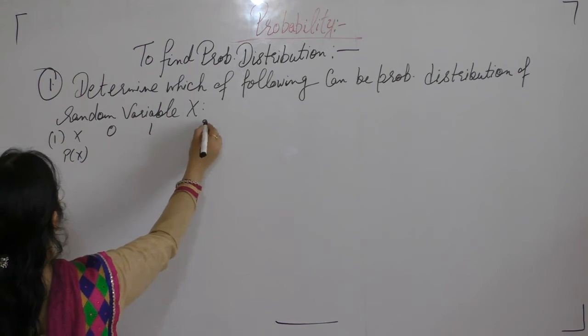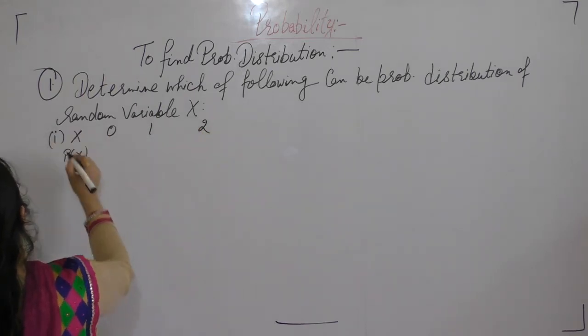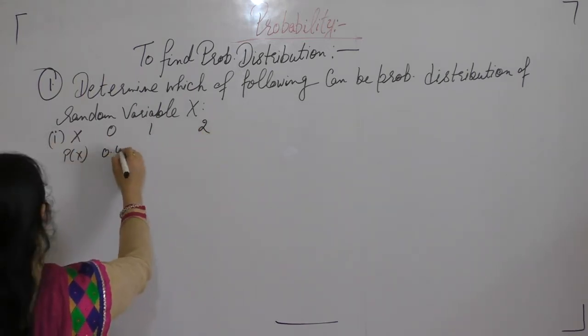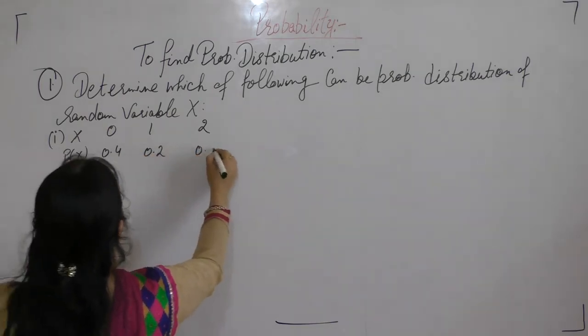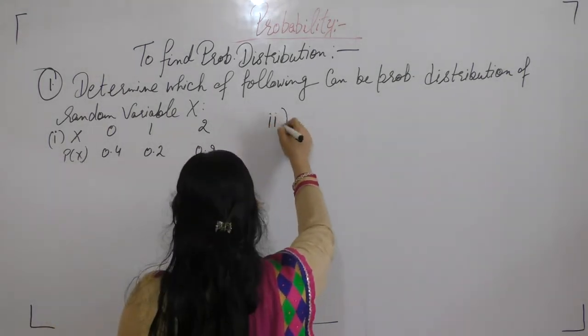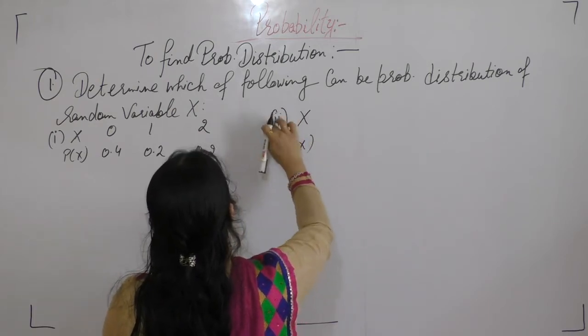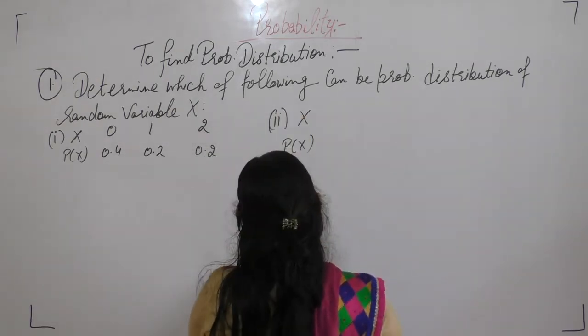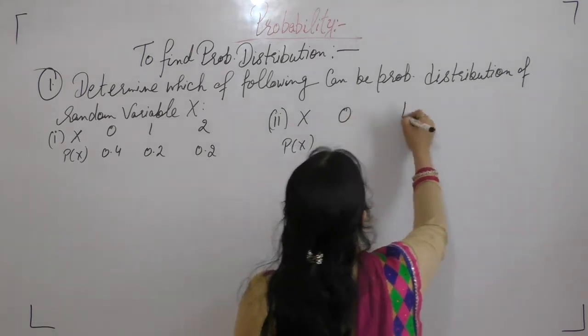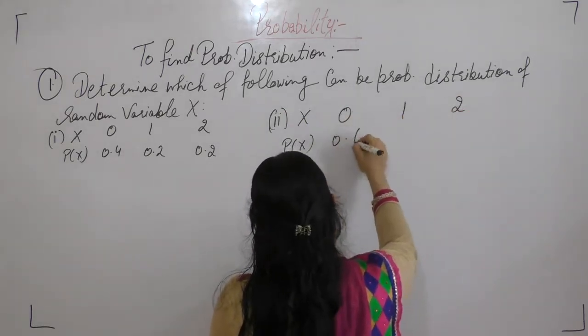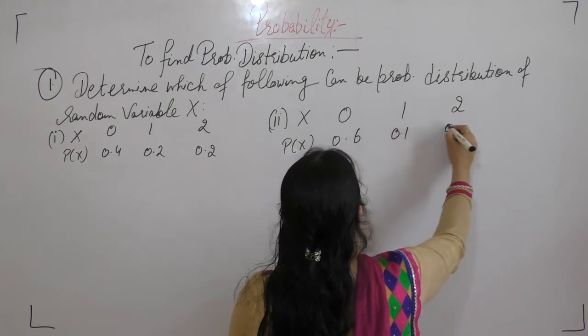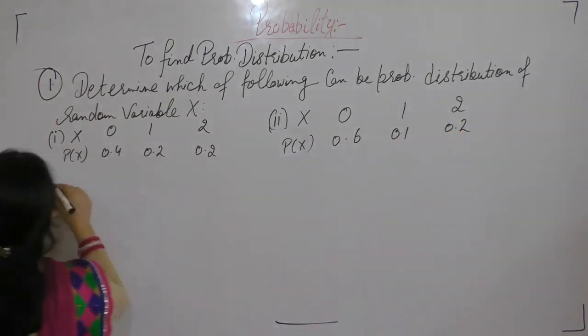First part: x is 0, 1, 2, and the probability of x is given as 0.4, 0.4, 0.2. Second part: x is 0, 1, 2, and the probability is 0.6, 0.1, 0.2.